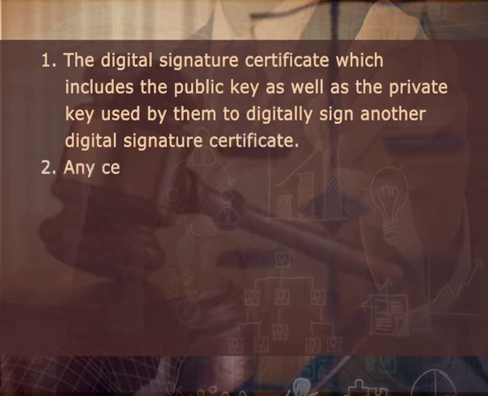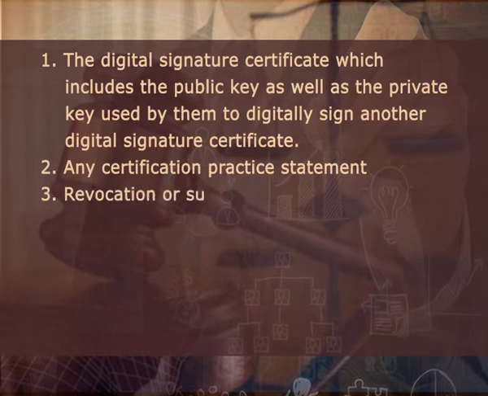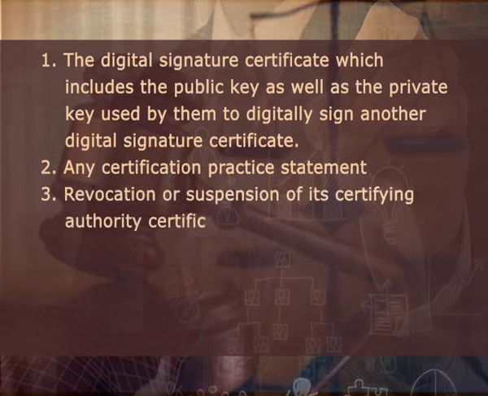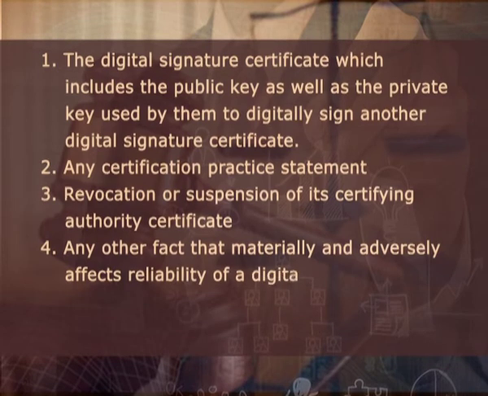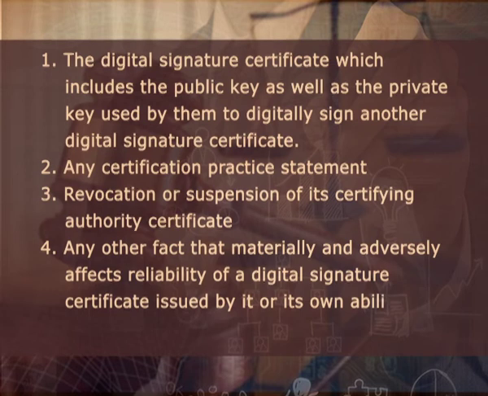Any certification practice statement. 3. Revocation or suspension of its certifying authority certificate. 4. Any other fact that materially and adversely affects the reliability of a digital signature certificate issued by it or its own ability to perform its services.